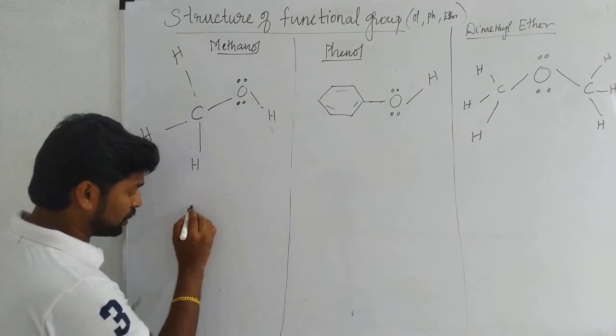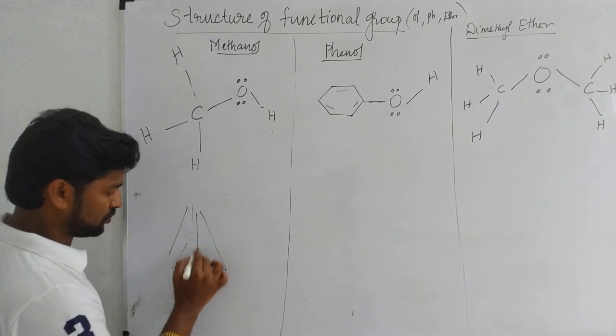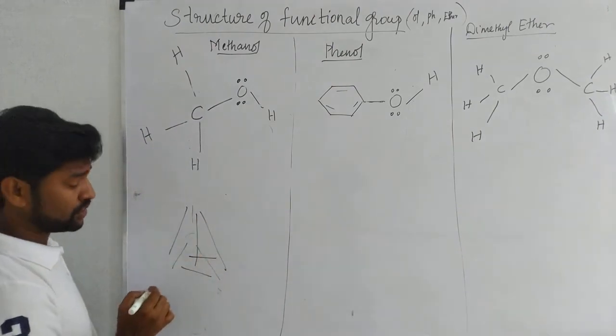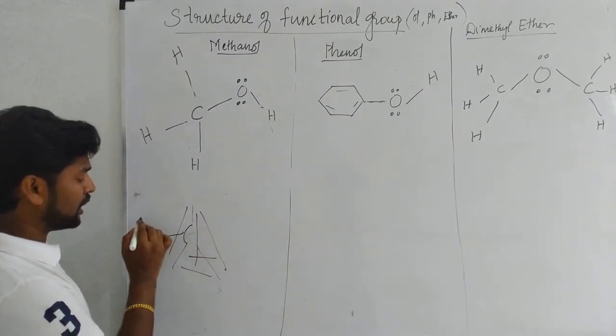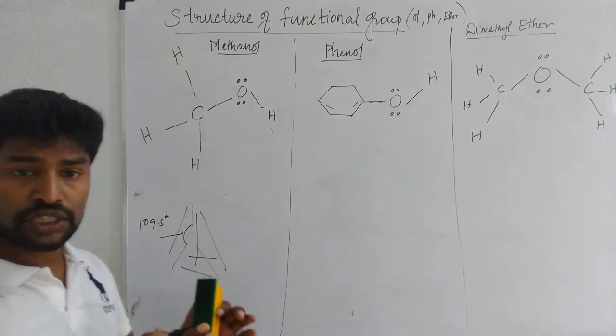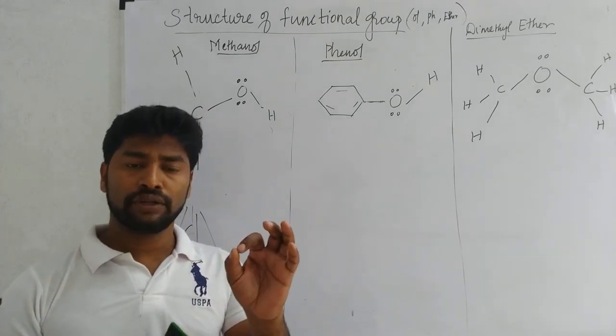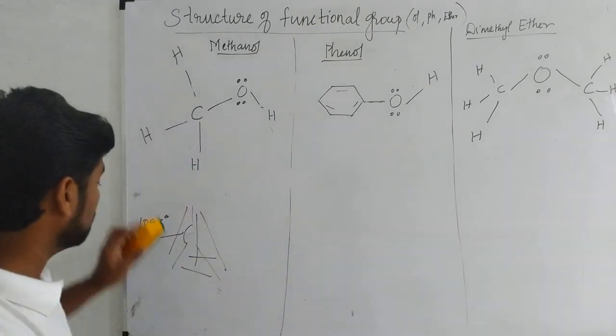This is the tetrahedral structure. In the tetrahedral structure, the bond angle is 109.5 degrees. So the actual tetrahedral bond angle is 109.5 degrees.